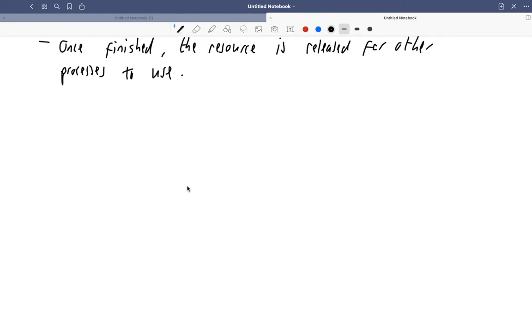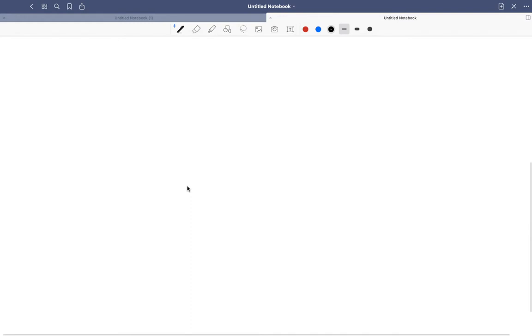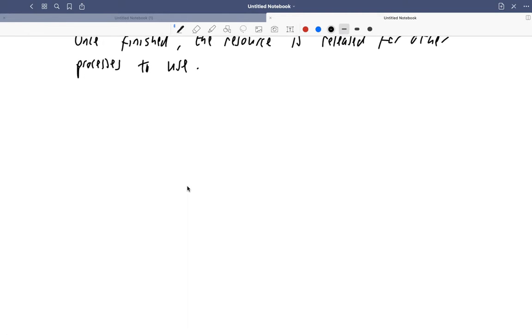So to model this as a transition system, I'm going to draw the transition system with states given by bubbles annotated with the properties of the states, and we're going to draw arrows which represent the transitions between the states.